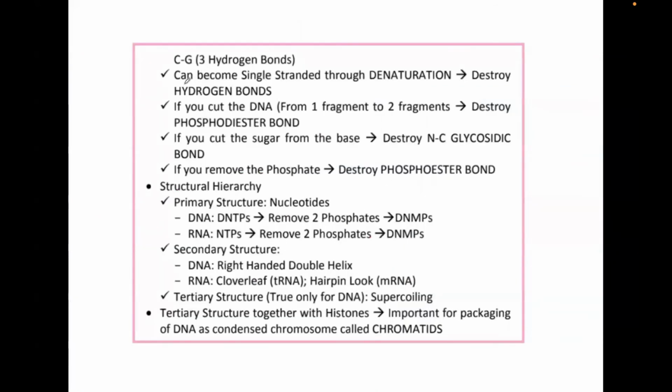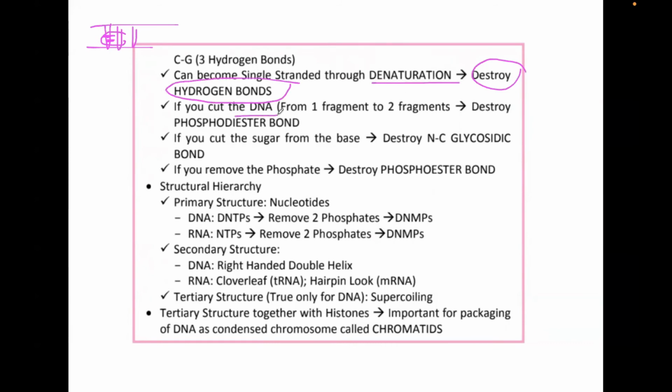So again, just a review: your single-stranded DNA can go through denaturation. It basically destroys the hydrogen bonds. Where do we find the hydrogen bonds? Inside, we have the nitrogenous base pairs, and they are connected by these hydrogen bonds. So they are being denatured.